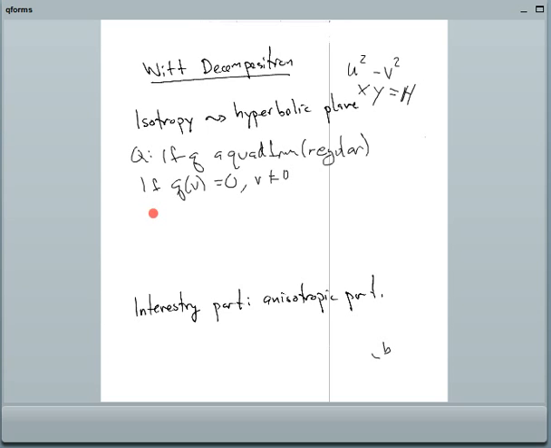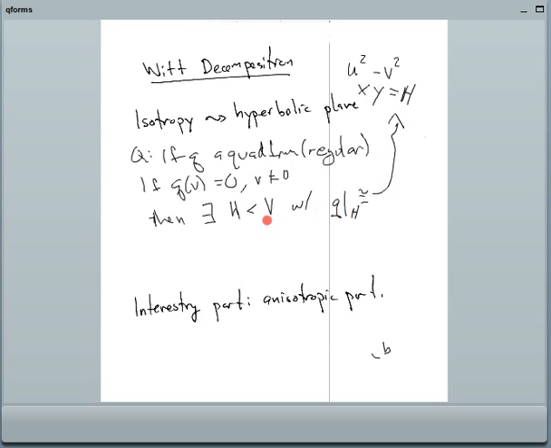The theorem is that if q of v is equal to 0 for some v non-zero, then there exists some subspace H of V such that if you take the quadratic form and restrict it to H, you get something isometric to the hyperbolic plane.